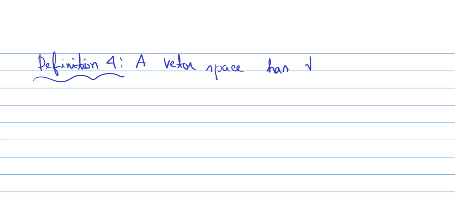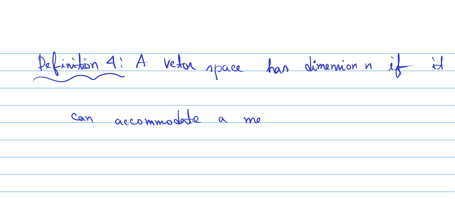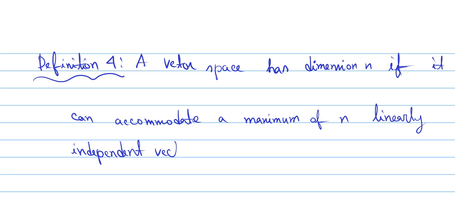Let's go to definition 4. A vector space has dimension n if it can accommodate a maximum of n linearly independent vectors.